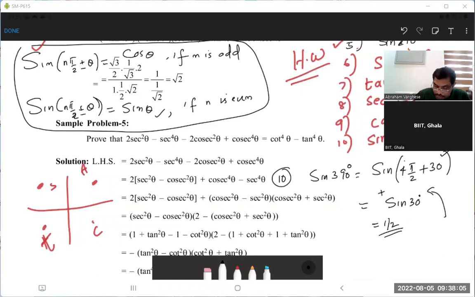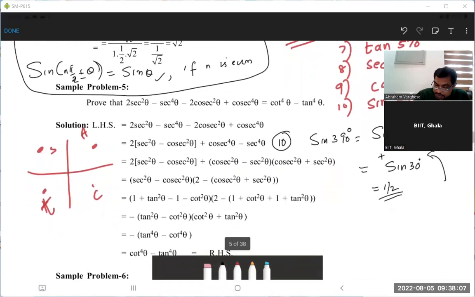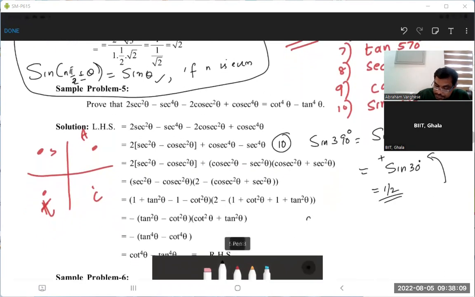I think it's clear. Now, question number 9. Cos 150 degrees. You can write this as cos of 90 plus 60, pi by 2 plus 60.